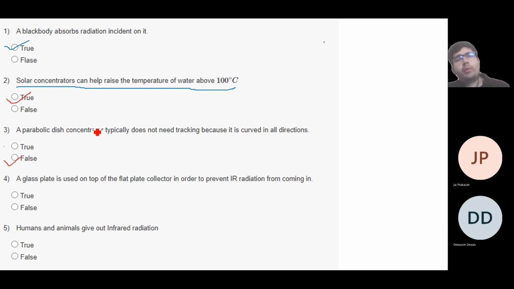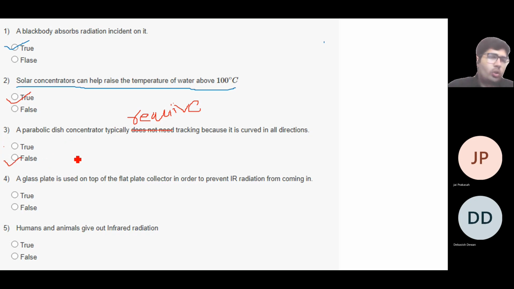The parabolic dish concentrator requires tracking. It requires tracking, even though it is curved in all directions.